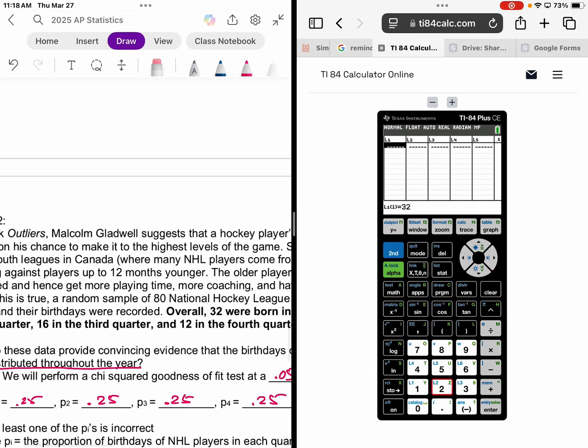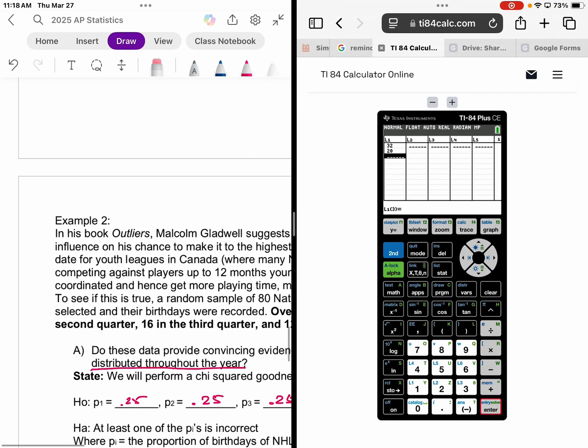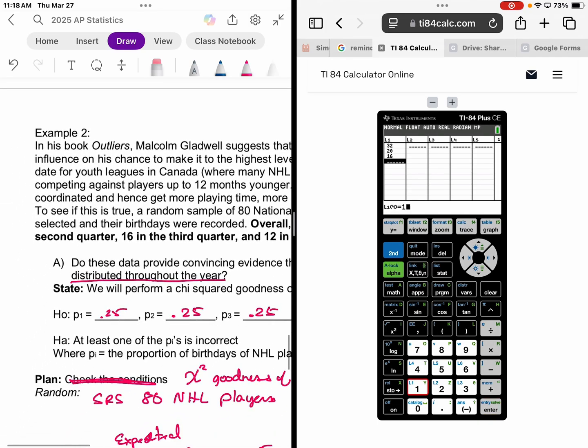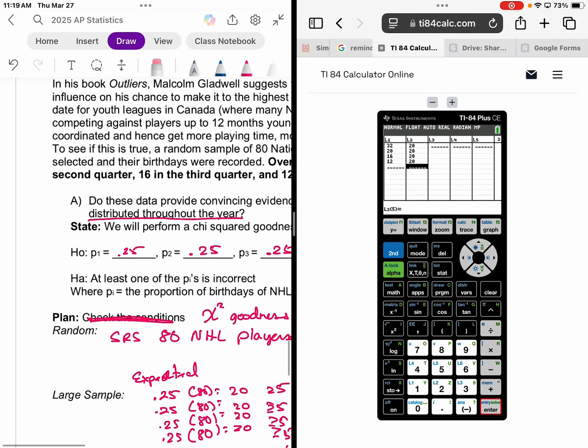It was 32, 20, 16, and 12. And then the expected was 20, 20, 20, 20. Oh, expected counts, not 25%.